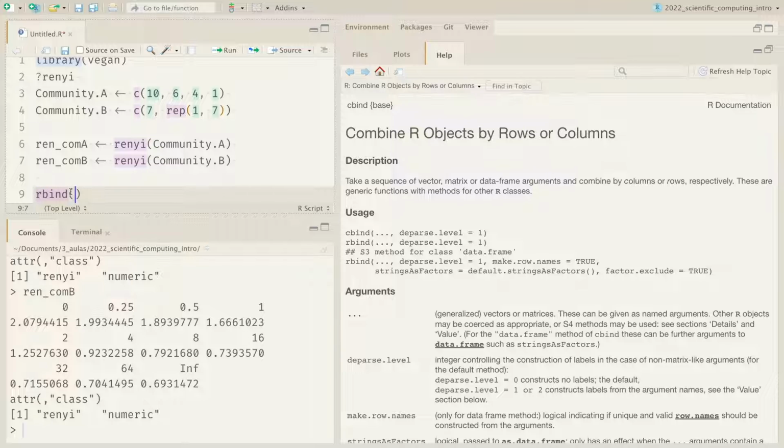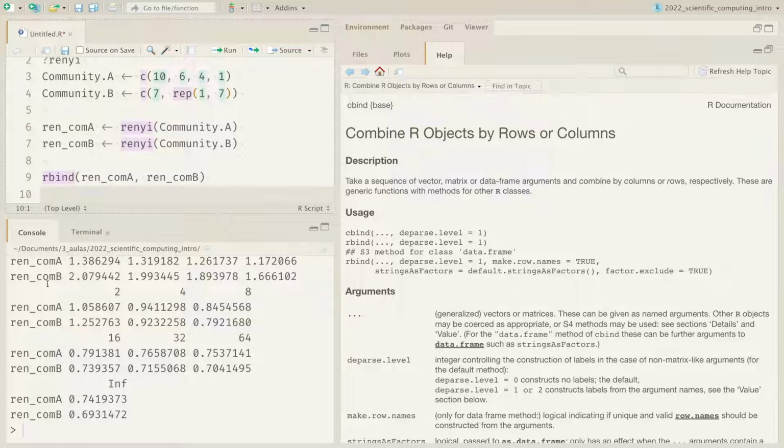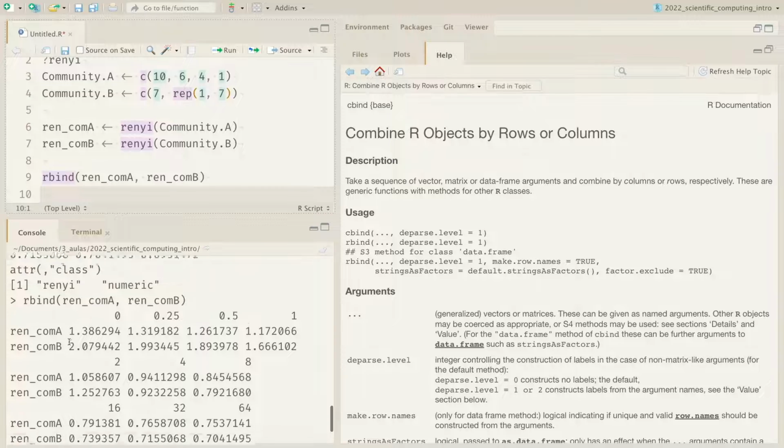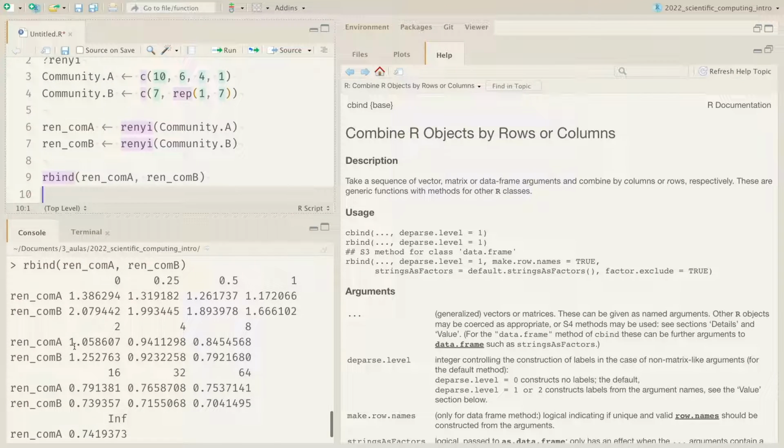So rbind of Renyi community A and Renyi community B. It should work. So what I did was just bind them together, Renyi of A and B.